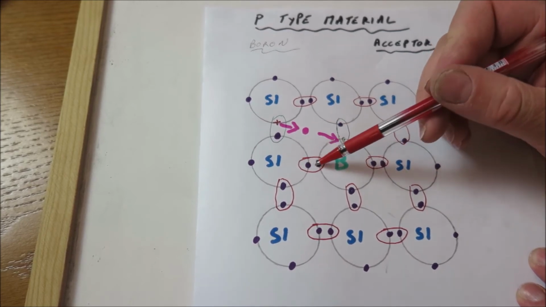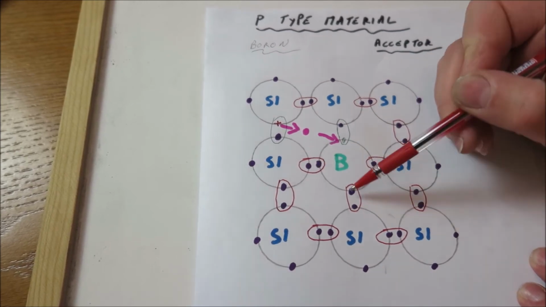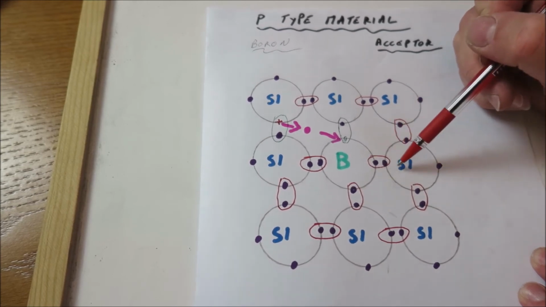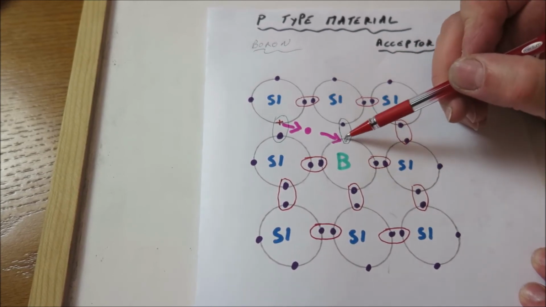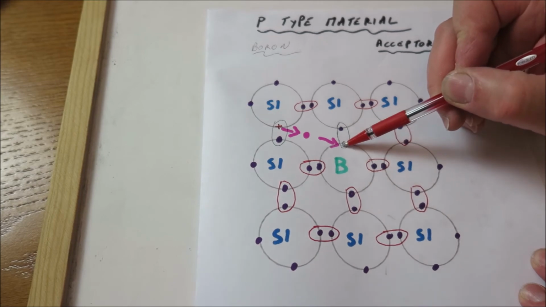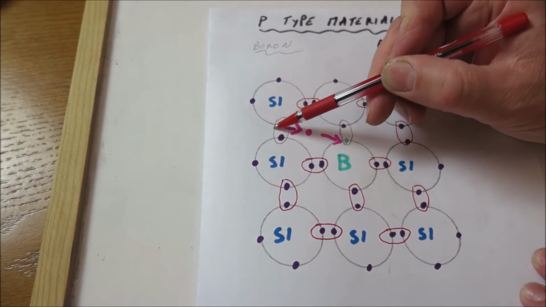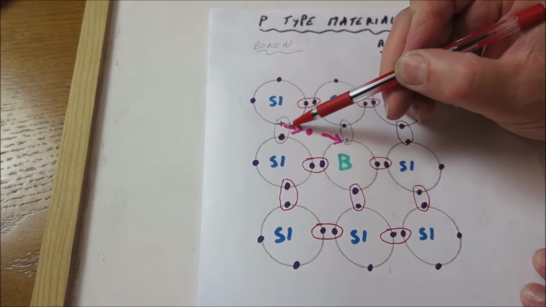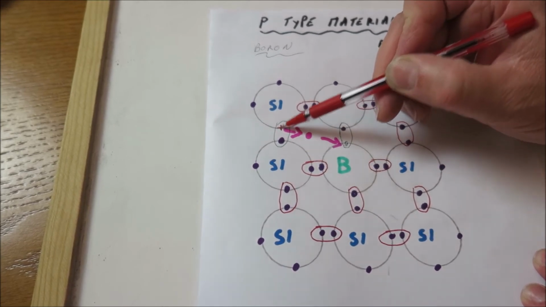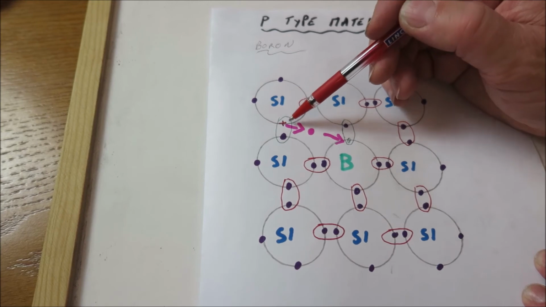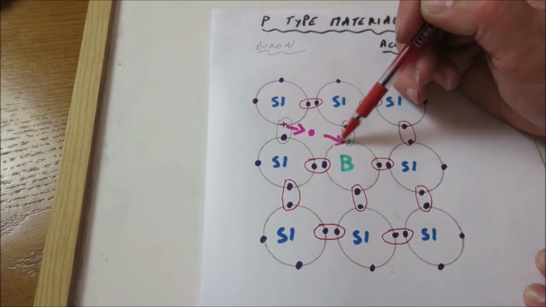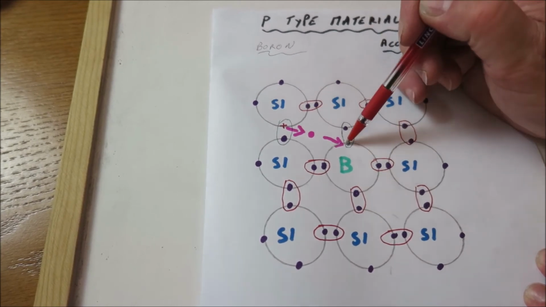So it bonds with a silicon atom there, a silicon atom there, and a silicon atom there. But wait, now it's only got 3. So this silicon here, those two are bonded, those electrons there. But what happens is this electron is going to jump over here for a period of time as well.